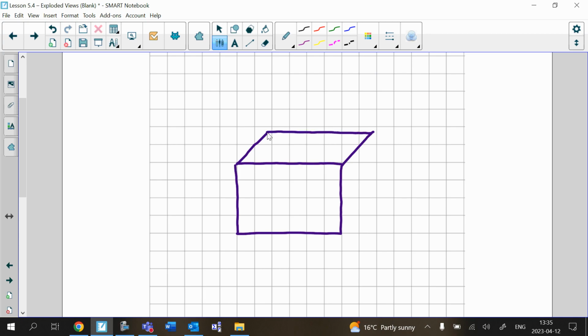Almost 2 diagonal units. And now we can finish connecting. We don't have to draw the edges we can't see behind. That's good enough. Okay, are we perfect? No, not perfect, but we're really close. So that would be an acceptable way to go from an exploded view to a three-dimensional view.